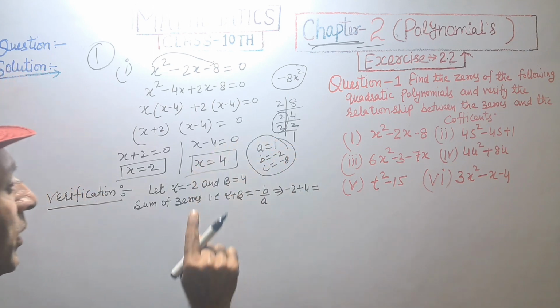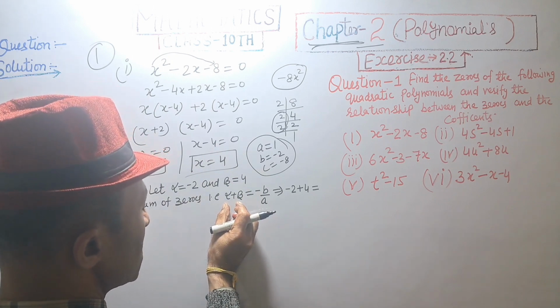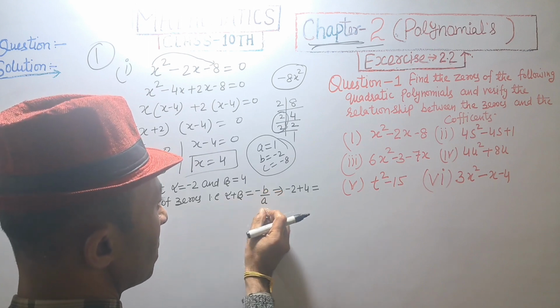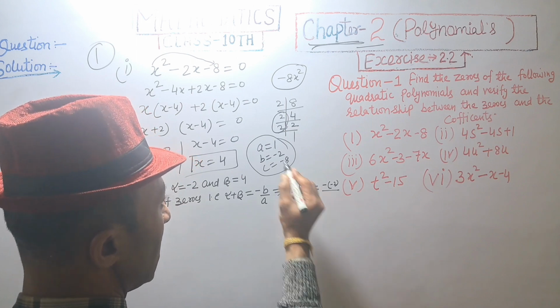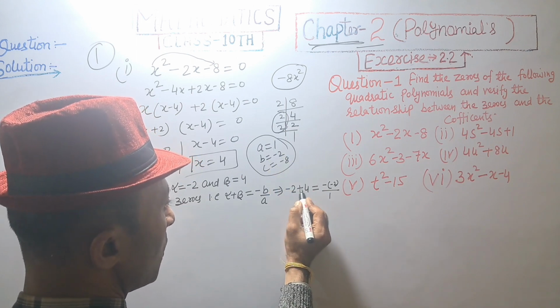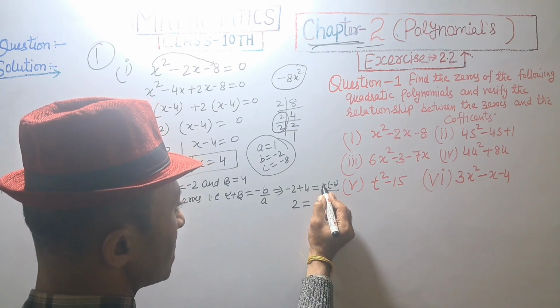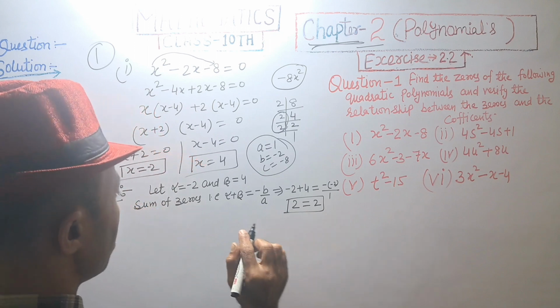We get the values of a, b and c. Sum of zeros, alpha plus beta is equal to minus b upon a. Minus b is 2 and a is 1. 4 minus 2 is equal to 2 and 2 is equal to 2, hence verified.